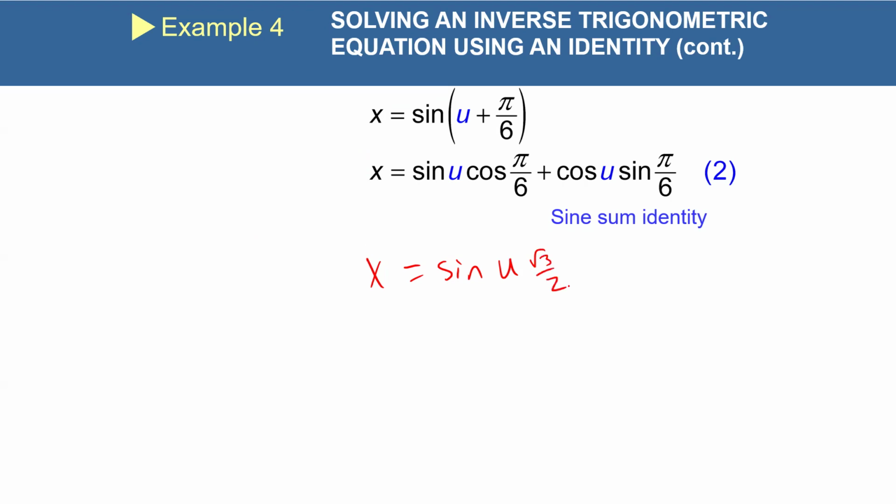Square root of 3 over 2 plus, and the sine of pi over 6 is 1/2. So you have the square root of 3 over 2 sine U plus 1/2 cosine U.